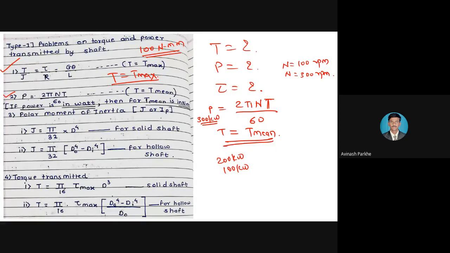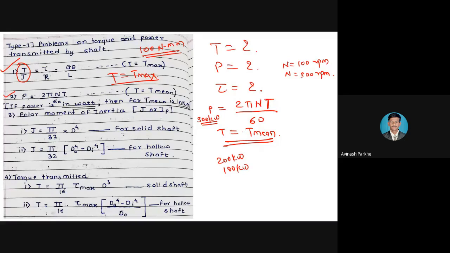Below 100, like 95, 90, 85, 65, up to 100, the shaft can easily transmit. But if your torque increases beyond 100 Newton mm, it crosses the maximum limit and the shaft will break. Therefore, the torque in the torsion formula is represented by T max, and the torque in the power formula is represented by the mean torque.